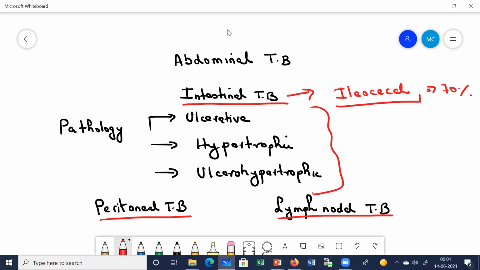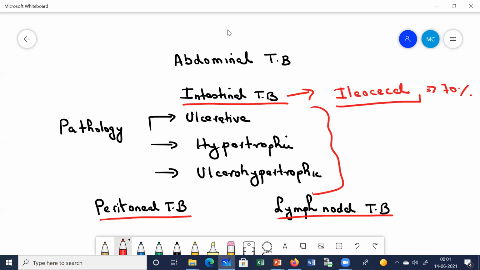Next, let us talk about the etiology. From the name only you can understand, it is caused by the Mycobacterium tuberculosis bacteria. And what are the routes of spread? From where does the bacteria reach the intestine? It can reach the intestine directly, by ingestion of bacilli in sputum, as in an active TB patient swallowing sputum.